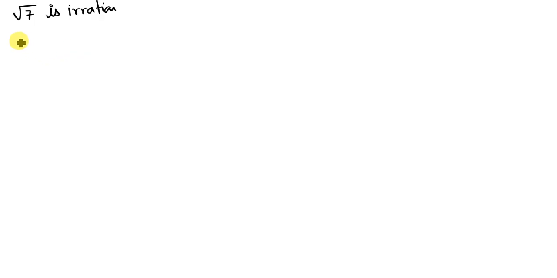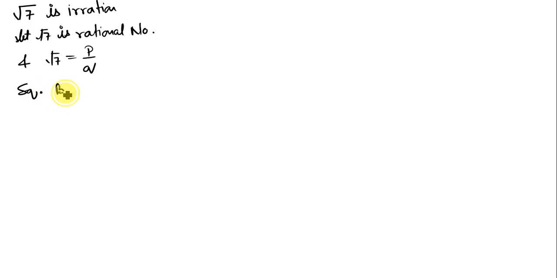So first take, let root 7 be a rational number, and root 7 is equal to p by q. Then in the next line, squaring both sides.